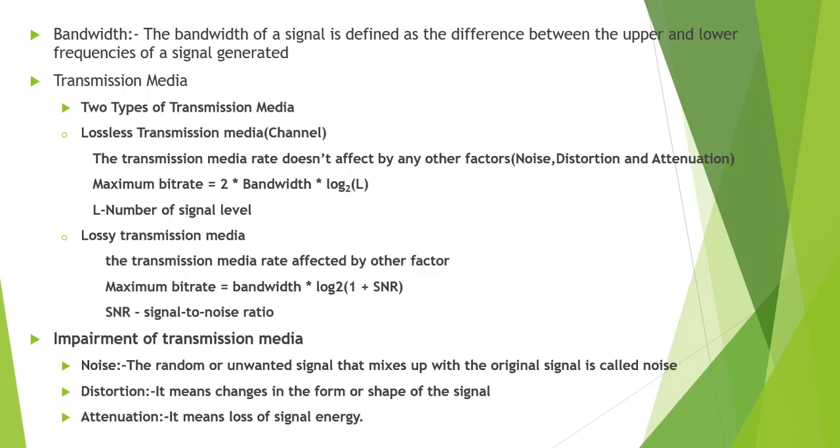If we want to calculate for lossless transmission media, we can use this formula: maximum bit rate equals 2 multiplied by bandwidth multiplied by log base 2 of L, the number of signal levels. In lossy transmission media, the transmission rate is affected by other factors.